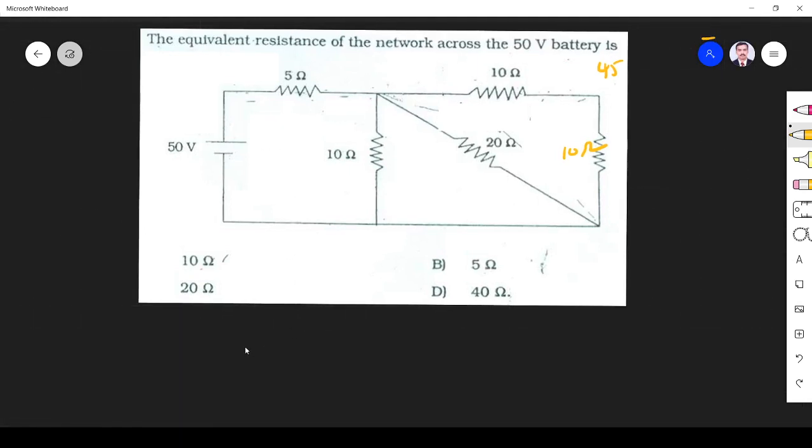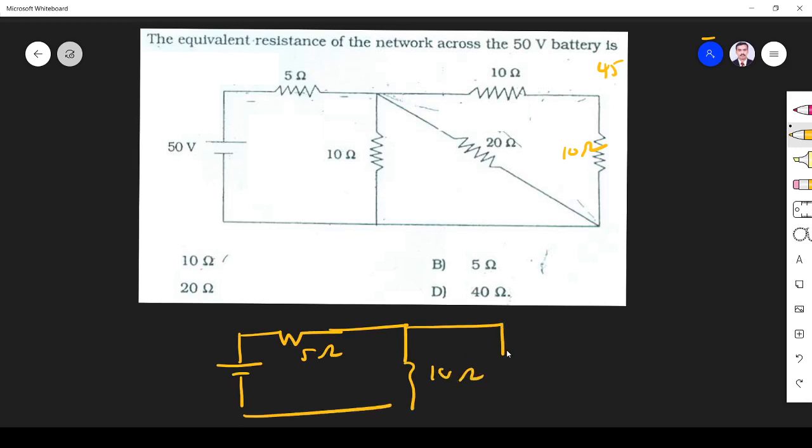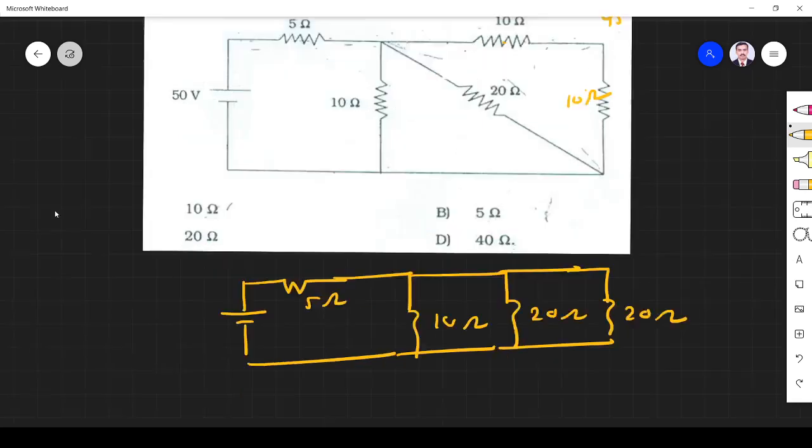So here I can draw this circuit in a different way. This is 5 ohm, 10 ohm. This 20 I can draw like this. This 10 and 10 are in series, so I can draw it like this, 20. So now we can simplify.